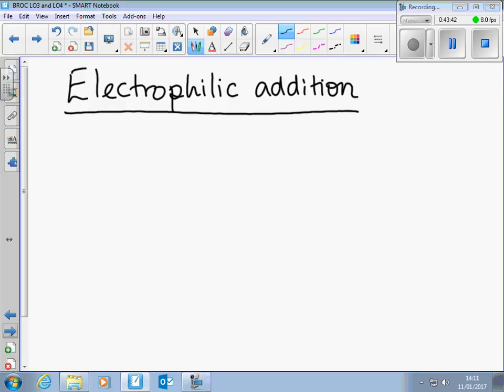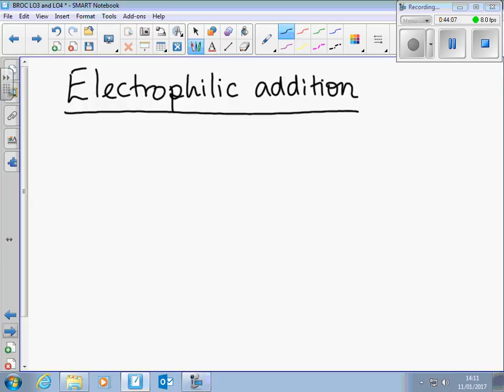It's done using XY as a general molecule. So you can substitute whatever seems to be appropriate for X and Y. I might put hydrogen chloride in there, for example.